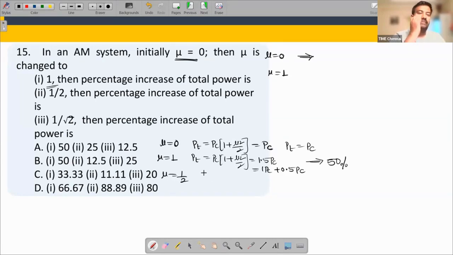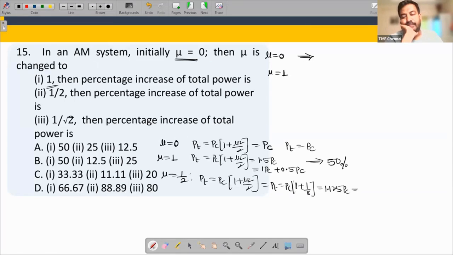It increased by 50%. And mu is 1 by 2. PT is equal to PC into 1 plus mu square by 2. PT is equal to PC into 1 plus 1 by 8, 1.125 PC, increases by 12.5%. Mu is 1 by root 2.